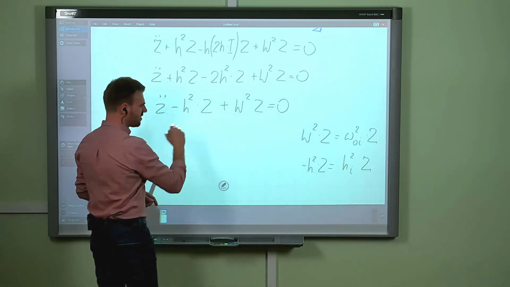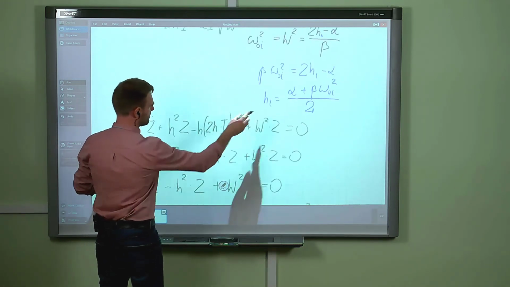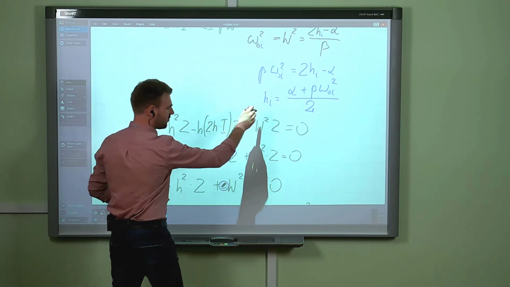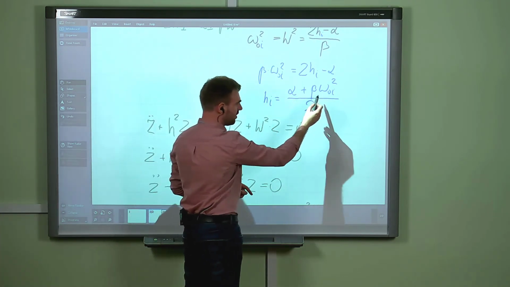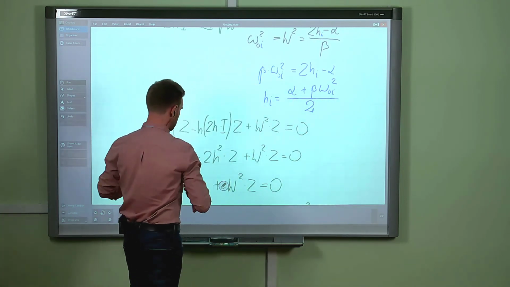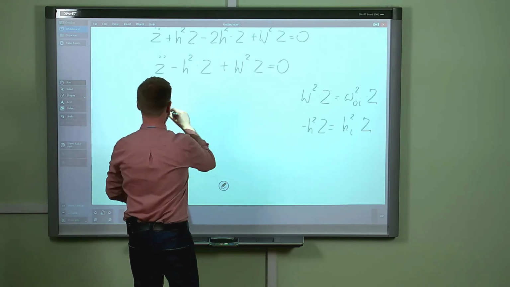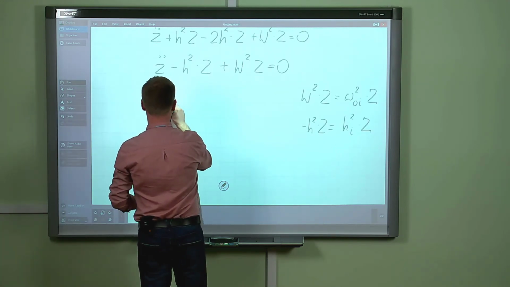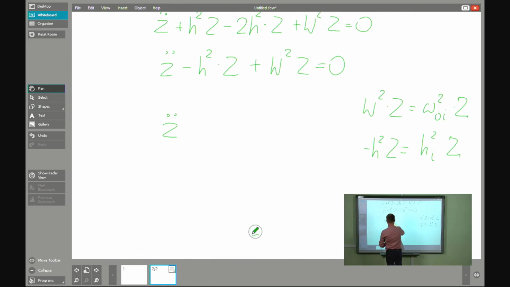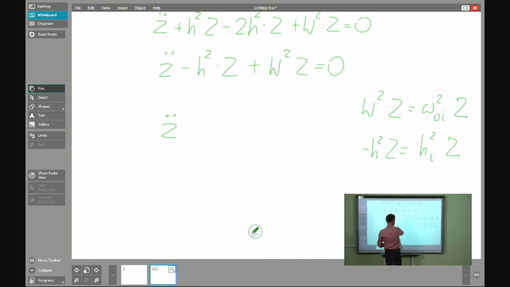Because it's only true for that condition, because only for the hi given by that formula connected with the natural frequency it will be true. And that is why we will get as a result that z double dot plus omega 0 square I minus hi square times z equals 0.